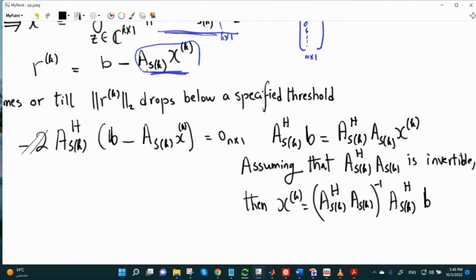And so for invertibility, we need the selected columns to be linearly independent. This matrix is invertible if and only if the columns of A sub S of k are linearly independent.